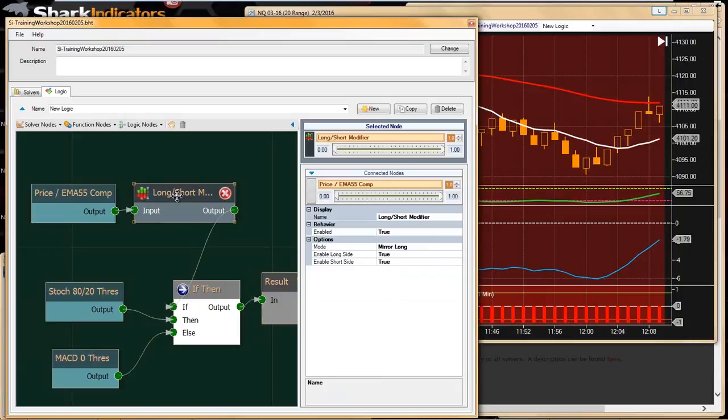And the key is this long-short modifier. And I set it to mirror the long.